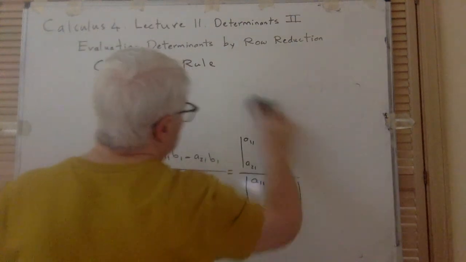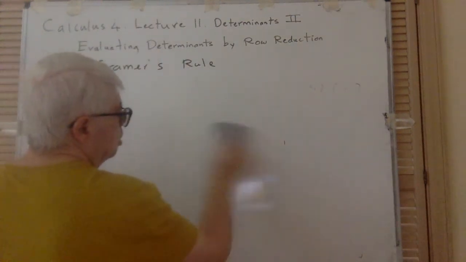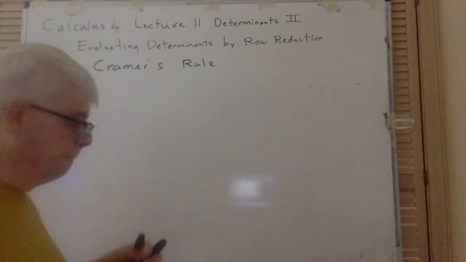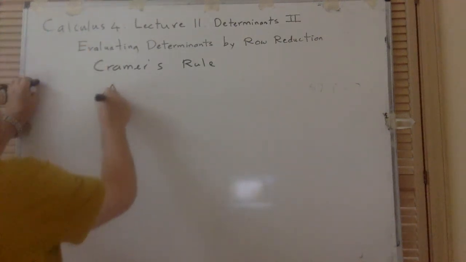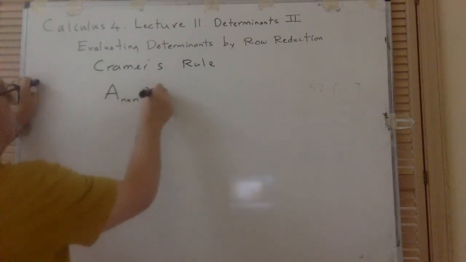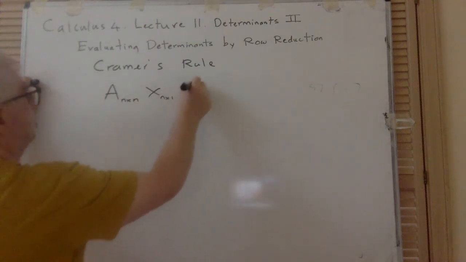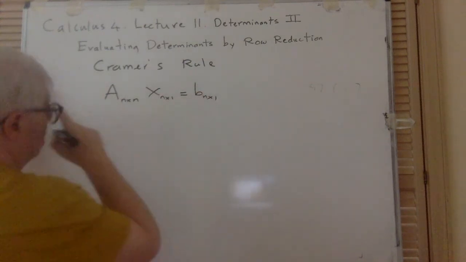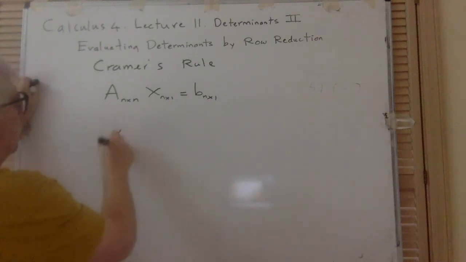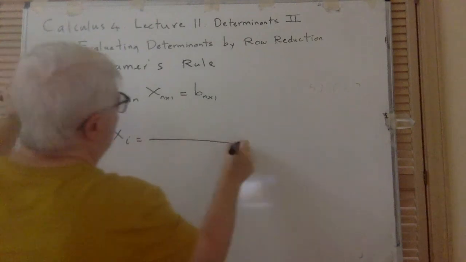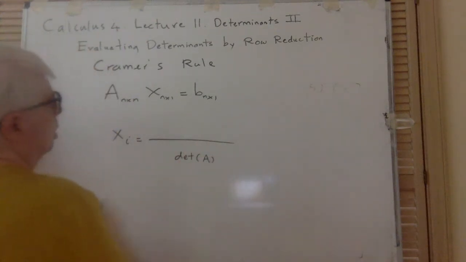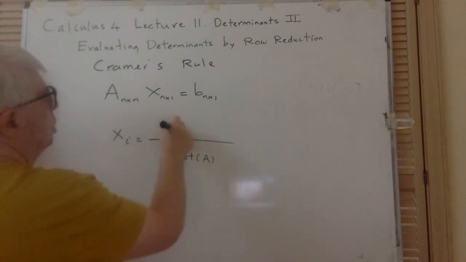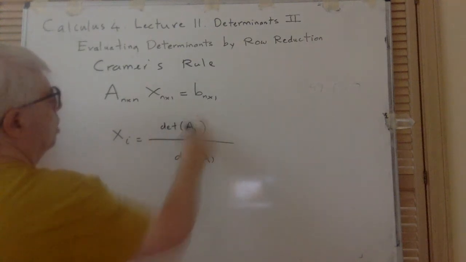So let me write it. If I have A, n by n, times x, n by 1, equals b, n by 1, then x_i has the denominator determinant of A, and the numerator is the determinant of A_i.